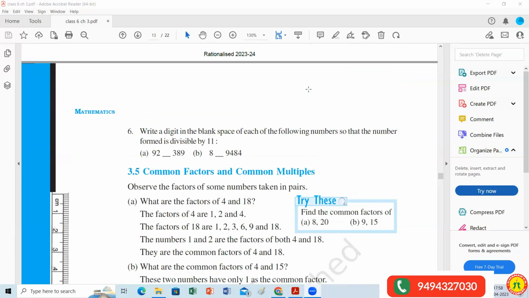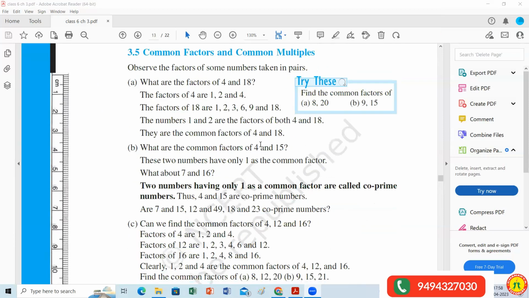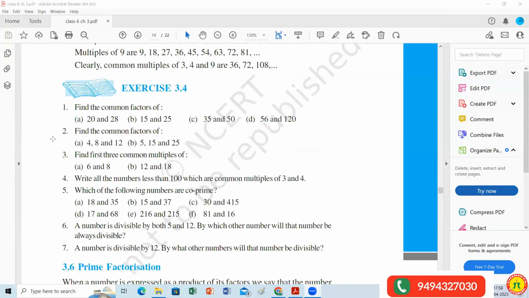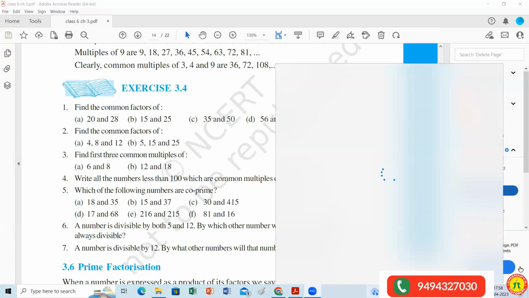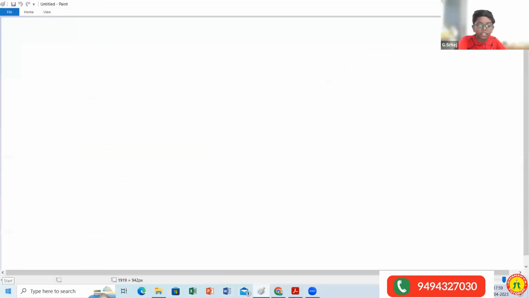Good. Now next question. The exercise, I think we did the first two bits. We are with question number 3. It's regarding multiples. What are the multiples of 6, children? 6, 12, 18, 24, 30, 36, 42, 48.